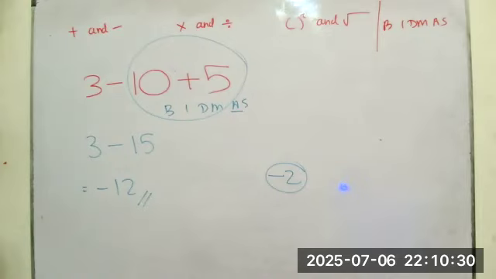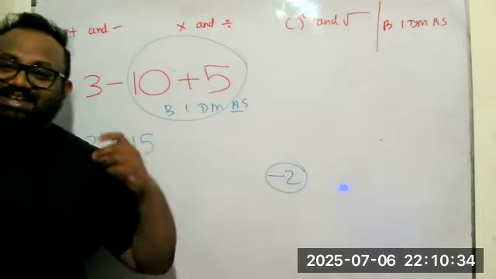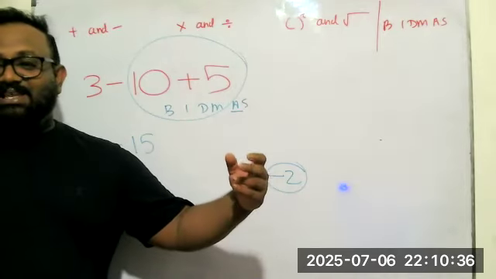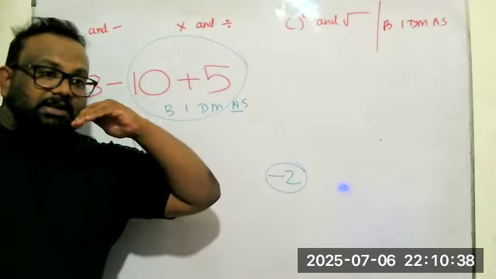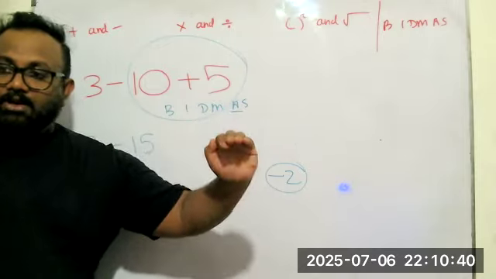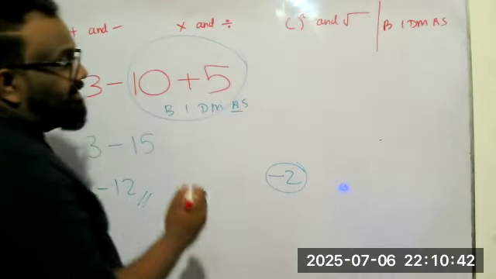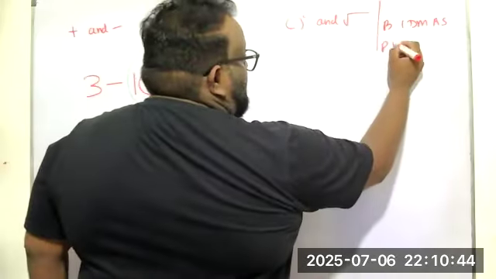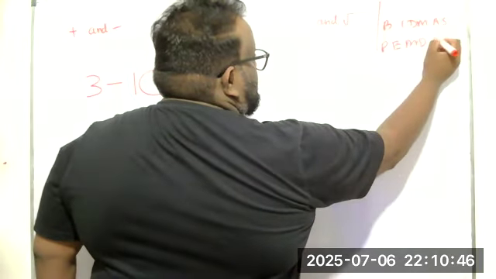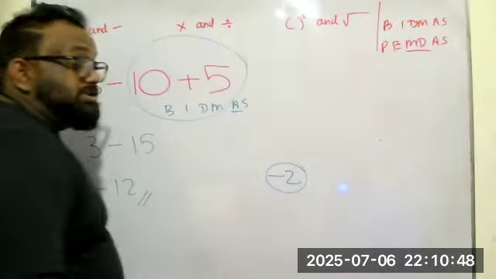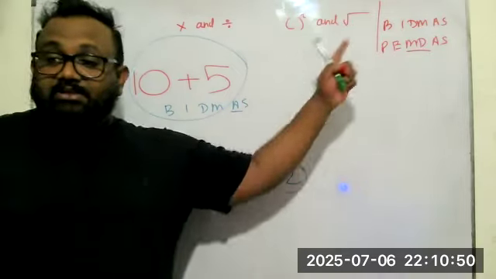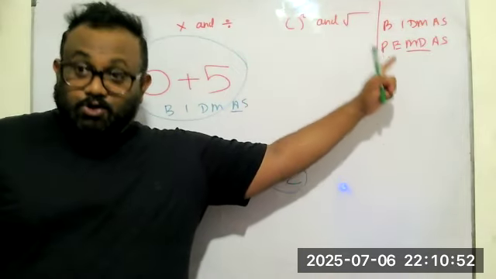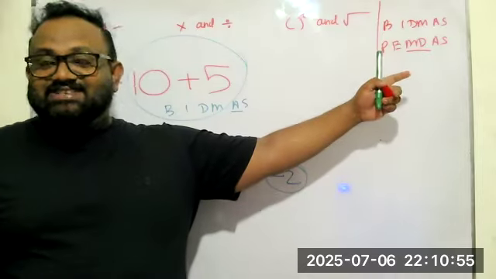The reason is, even though BIDMAS says brackets, indices, division, multiplication, it's not a particular order, right? Because some countries use it as PEMDAS. So you're saying that in this particular country, you do the multiplication first and then the division.